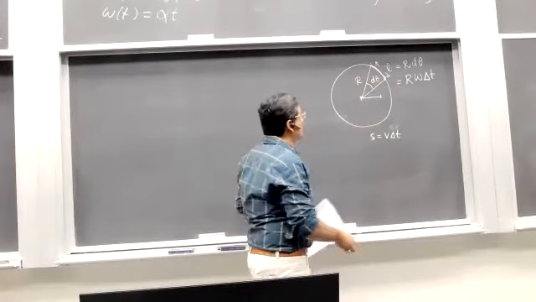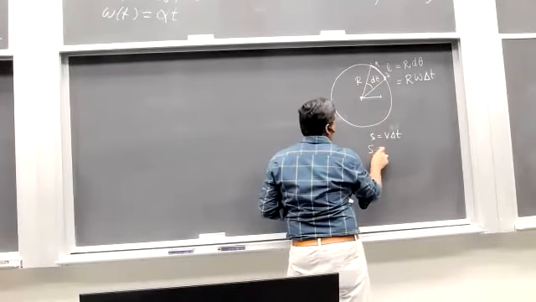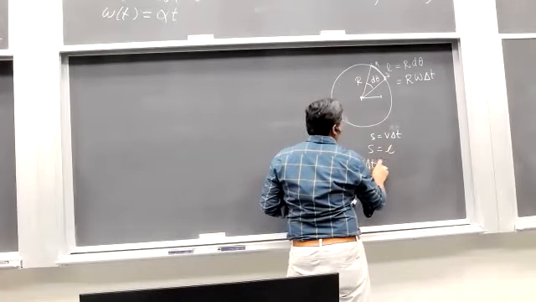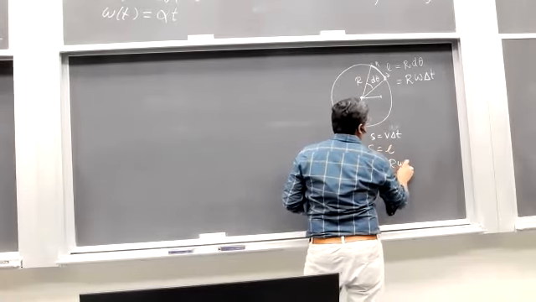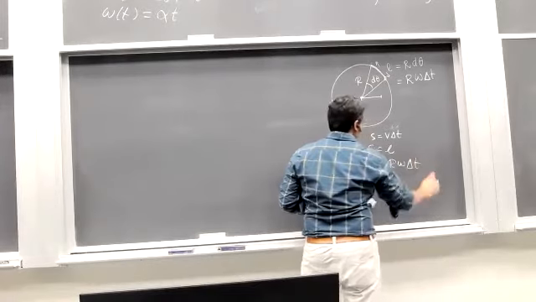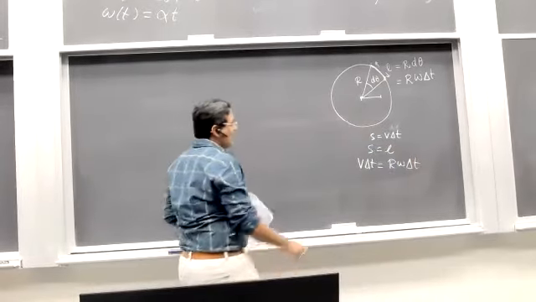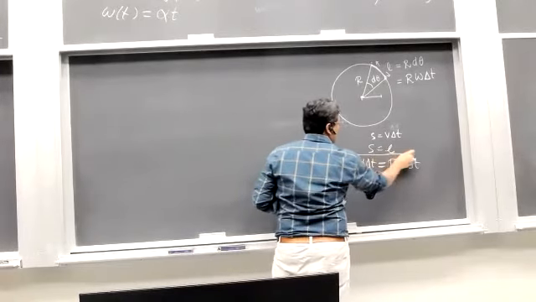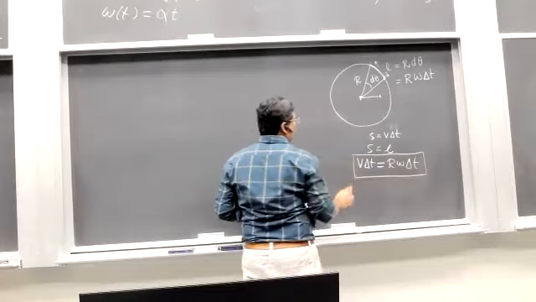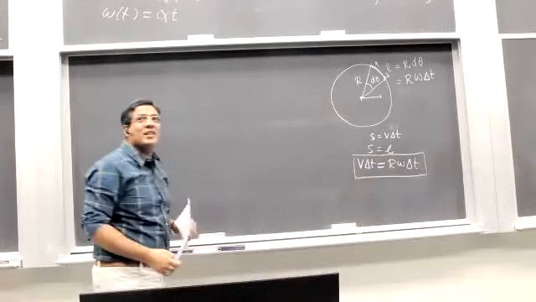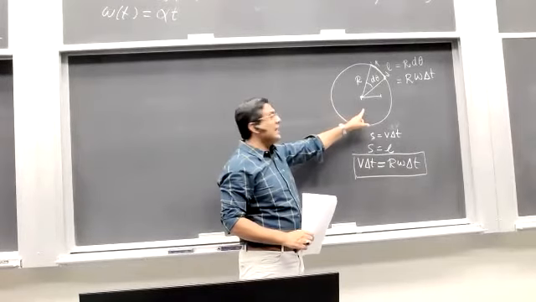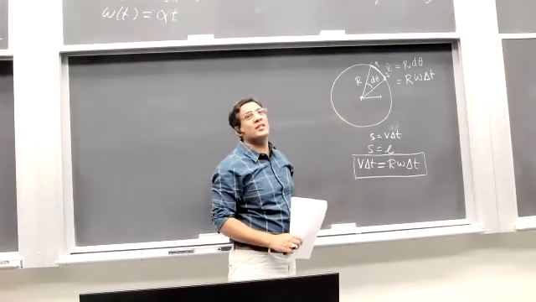When these two distances are equal, when S is equal to L, or in other words, V dt is equal to R omega dt, that is a mathematical condition when the object is rolling without skidding. Okay.